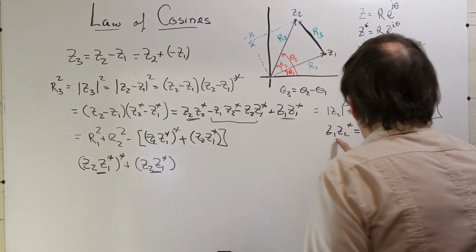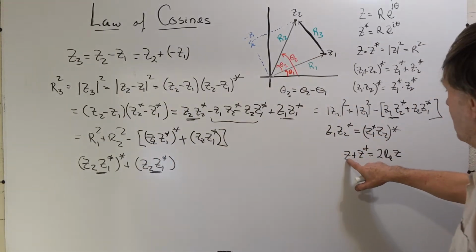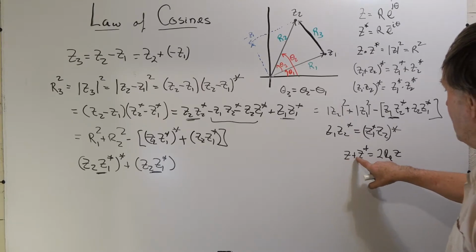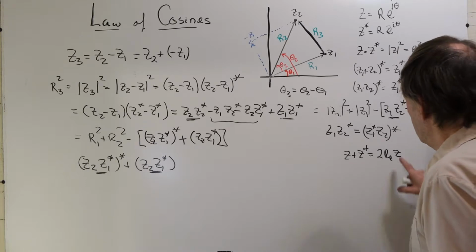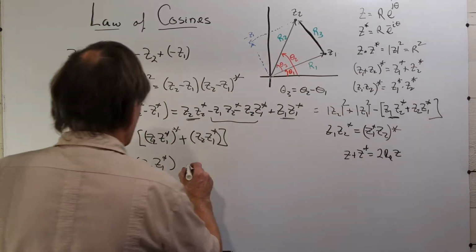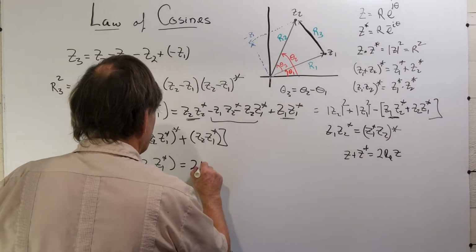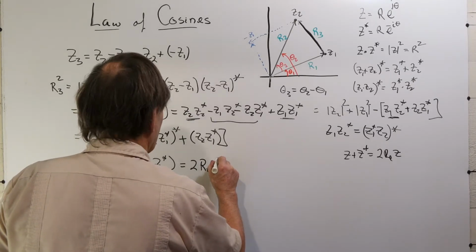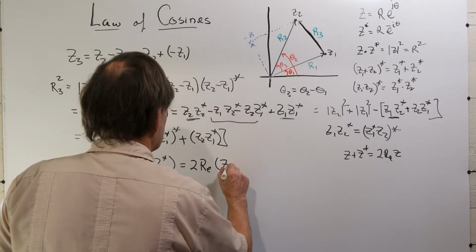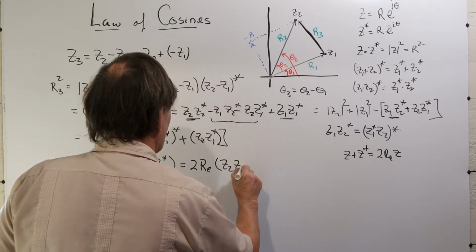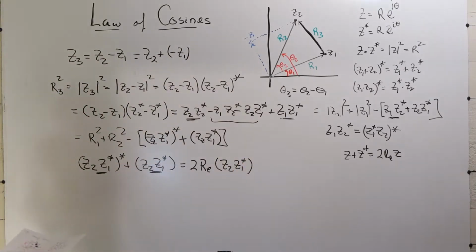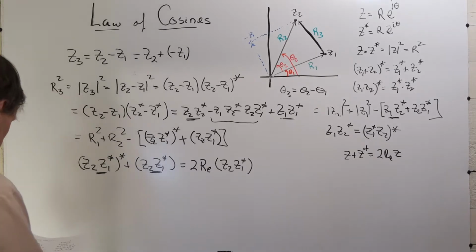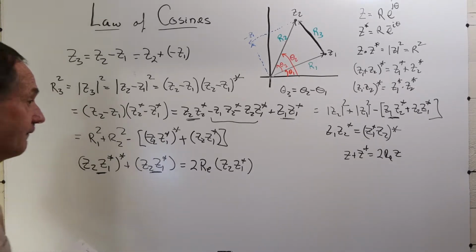Remember that if we take a complex number and add to it its conjugate, we get twice the real part of that complex number. So this is twice the real part of Z2 Z1 conjugate. Now let's express this in polar form.